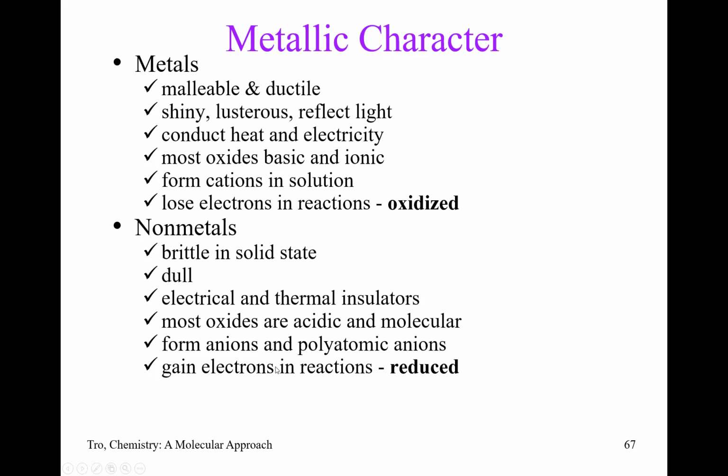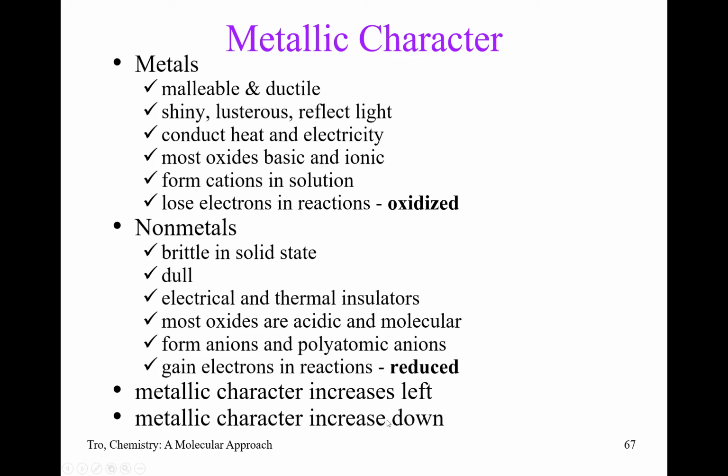That they gain electrons, and now we've looked and learned about where those electrons are orbital-wise. Metallic character increases as you go left, and we saw that on the periodic table, right? Since all the nonmetals were to the right, obviously things get more metallic as you go away from the nonmetals.